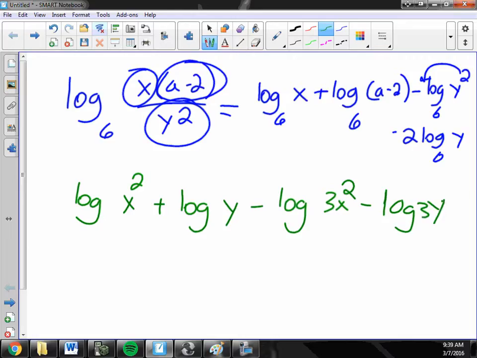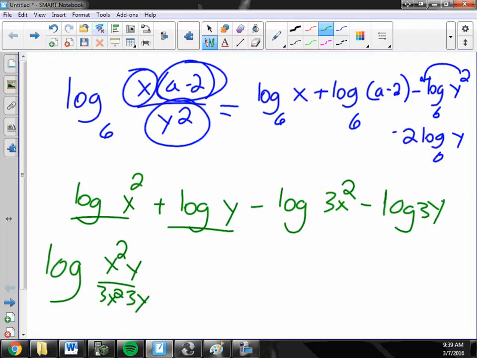How would you combine that into a single logarithm? Log of, what goes on top? So these two, so x squared and y, and the bottom is going to be 3x squared and 3y, and those cancel, and I'm just left with log of 1/9.